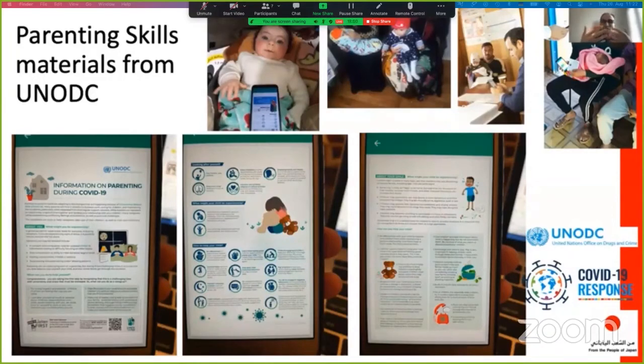So on top of this information on parenting skills from the UNODC, we also added information on COVID-19 and COVID-19 vaccination. So then parents are well informed about the pandemic.